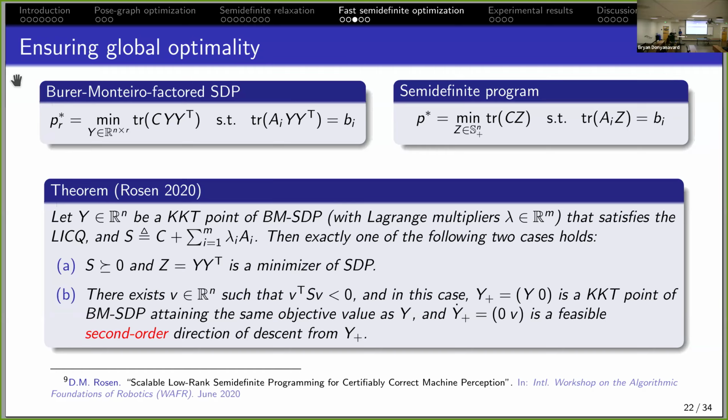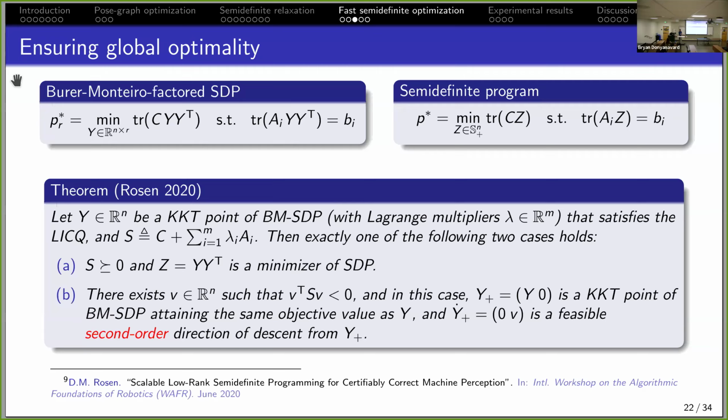Or this certificate matrix is not going to be PSD. In the event that it is not PSD, I know that it has some direction of negative curvature: there's some vector that is a direction of negative curvature for this matrix. If I take that vector, I can use it to construct a second order direction of descent from the solution that I have in my hand, embedded into the next higher dimensional rank restriction for my Burer-Monteiro factored SDP.